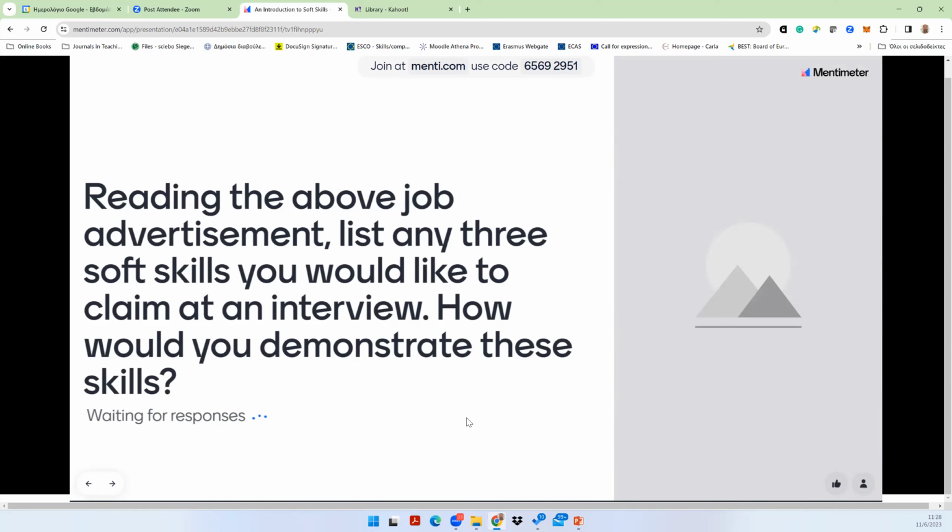Through your CV, through an example, through a reference, it's up to you. If you have not taken the photo, just tell me in order to place it again. Think of up to 3 soft skills appropriate for this position, and how you are going to demonstrate them.